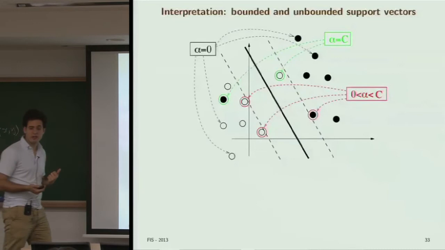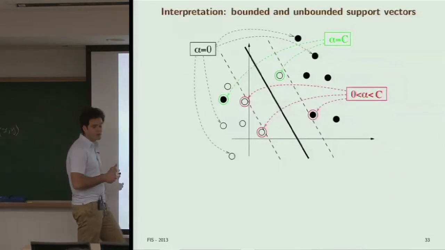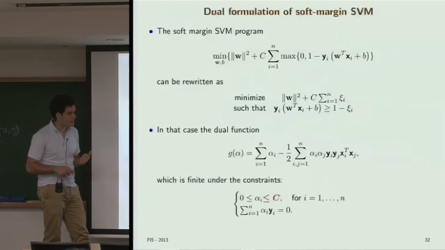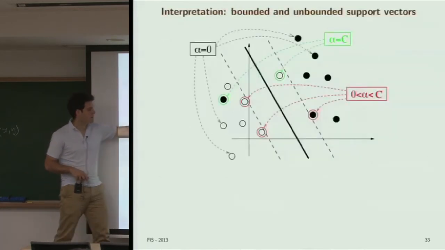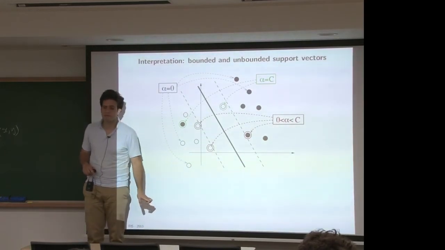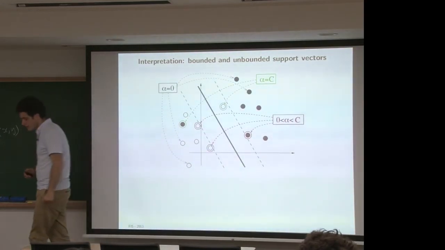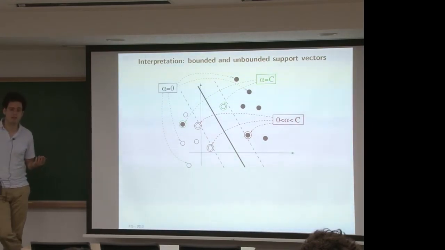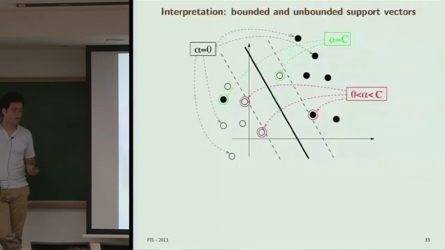Or the last possible case is alpha i is equal to C. Remember that alpha i cannot be bigger than C, but if it's exactly equal to C, then we have all the errors made by the hyperplane. So in the linearly separable case, there are two cases, 0 or positive. With a soft margin formulation, there are three possible cases: 0, between 0 and C, and C.